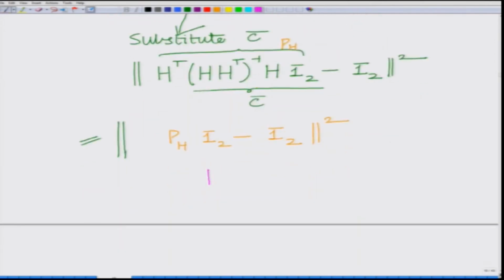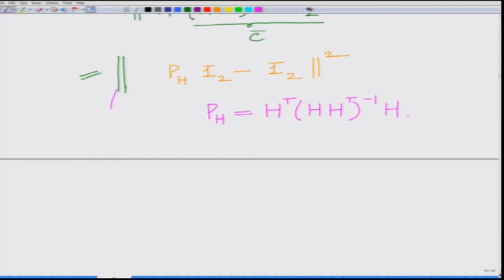At this moment, pH is simply H transpose H transpose inverse times H. So, I want to find the approximation error, that is, how well the equalizer is able to approximate this vector 1 bar 2, which is H transpose C bar minus 1 bar 2, the norm square, and I have substituted the expression for C bar.